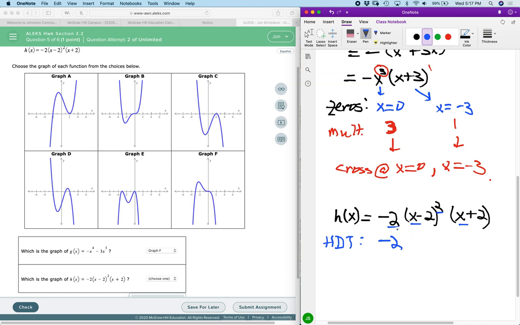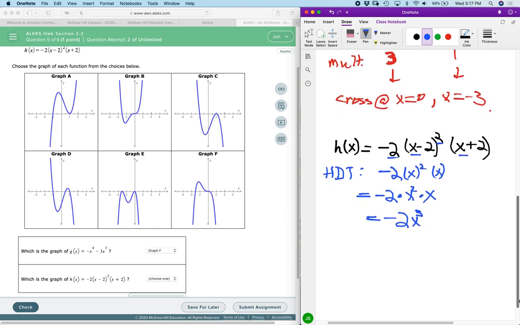So we have -2 times x squared times x. If you were to multiply out, we would have -2x cubed.